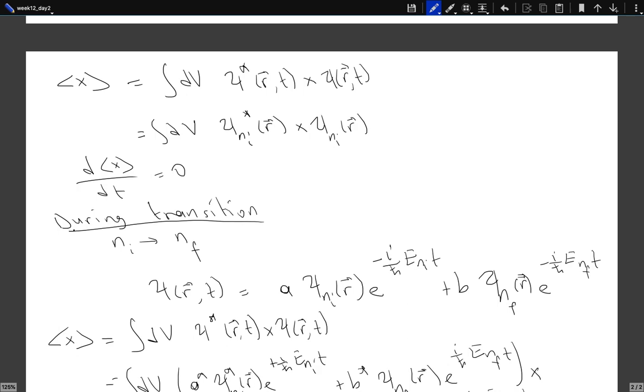And when it is in that state, since it cannot make any more transition, why doesn't it emit electromagnetic radiation? Well, because its expectation value of the position is time independent. In fact, the expectation value of the position of the electron in the ground state will be 0.